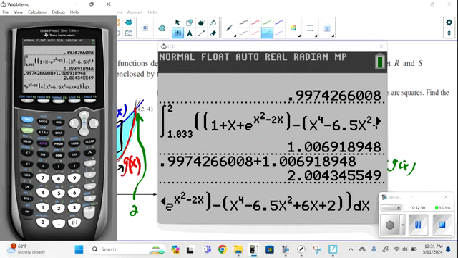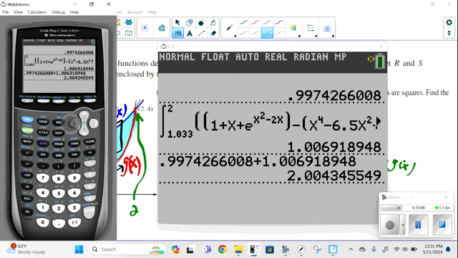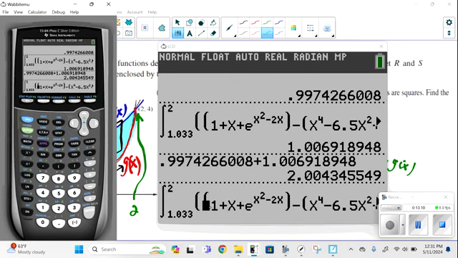I've got to take this whole function and square it, which means I got to take f of x minus g of x, which starts at this parenthesis. I'm going to insert another parenthesis. There's f of x right there.